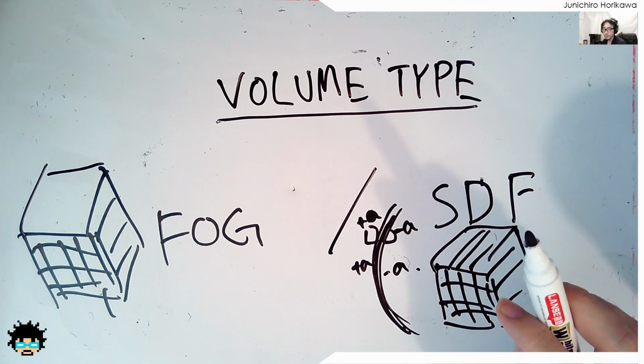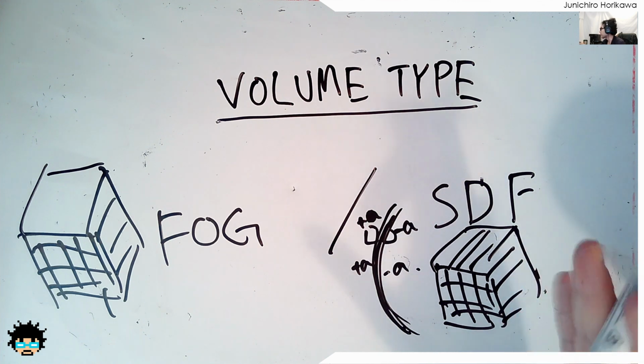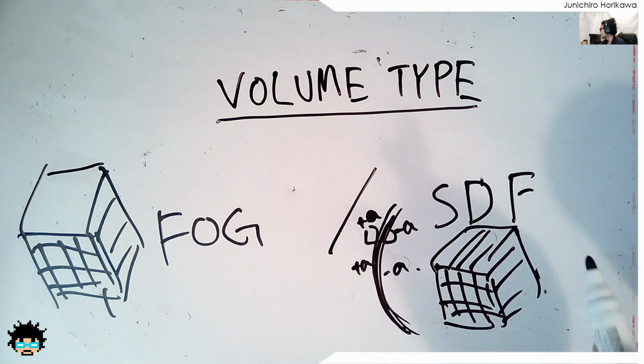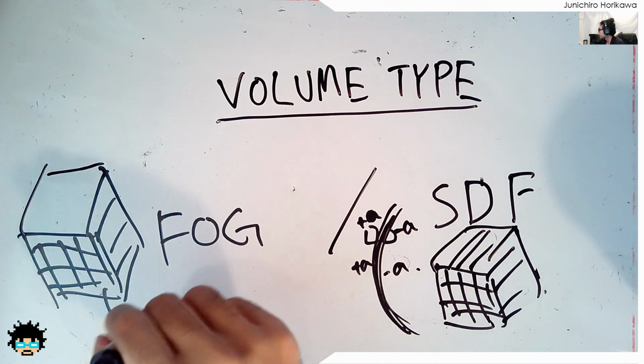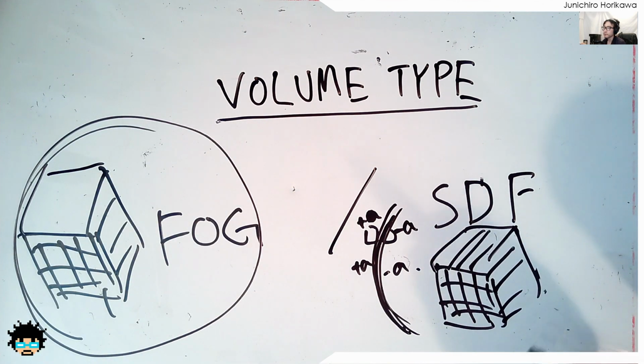So it's mostly used for modeling and not for simulation purposes like fluid simulations. Fluid simulations can be used with the fog. SDF you want to use for surface modeling with detail. But in these sessions, we're not going to go into detail for the SDF, maybe in later videos.